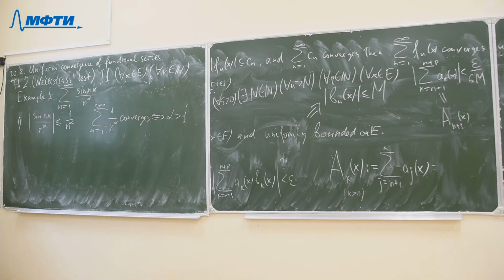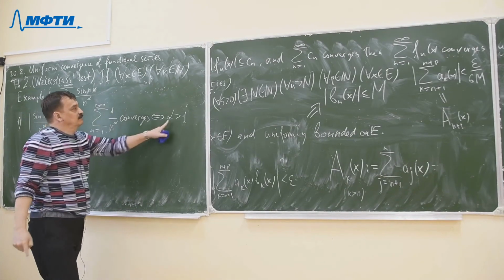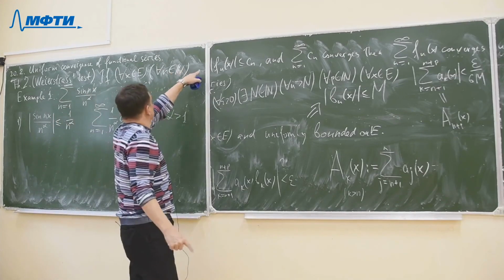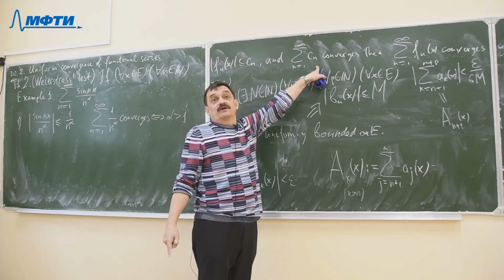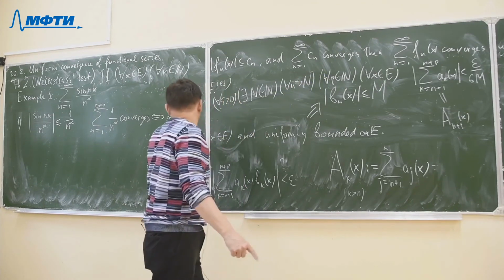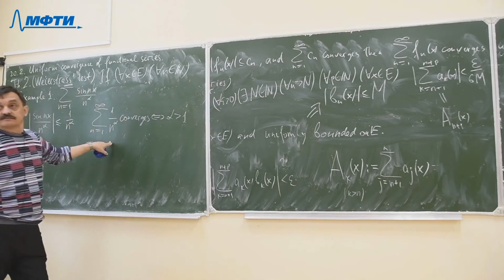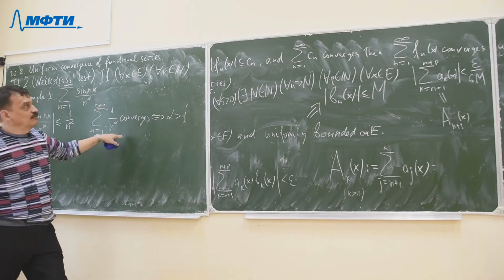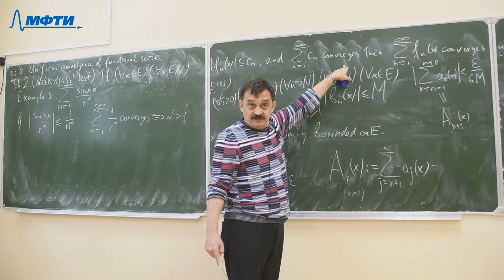And let me emphasize. Look, so for alpha greater than 1, we can use Weierstrass test. It works very well here, because you see, Cn, that is Cn, right, which converges, right, for alpha greater than 1.